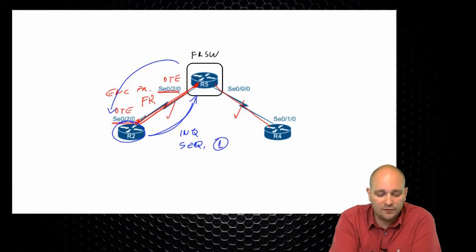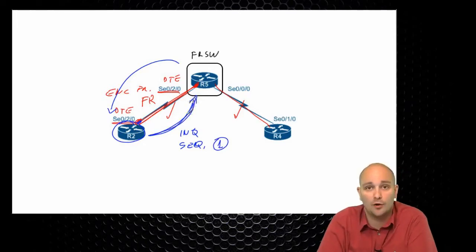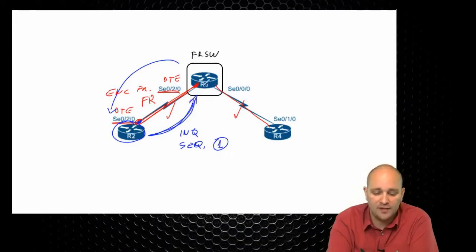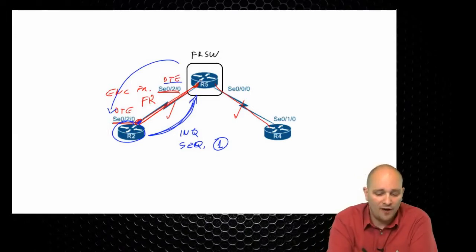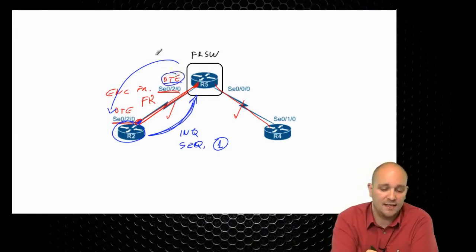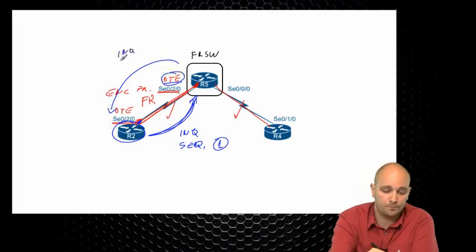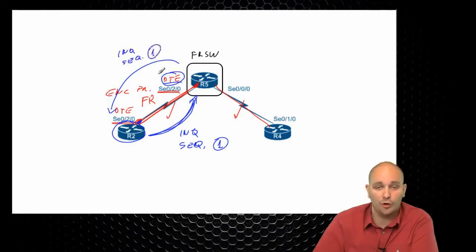Now, when the interface came up on R2, if R2 was the one who sent the inquiry first, R5 here, configured as the DTE, is going to receive the inquiry from a router that it doesn't expect. And what is it going to do? It's going to ignore it because it doesn't expect it. R5, on the other hand, because it's a DTE, sends its own inquiry, and because the interface came up first, the sequence number is also going to be 1.